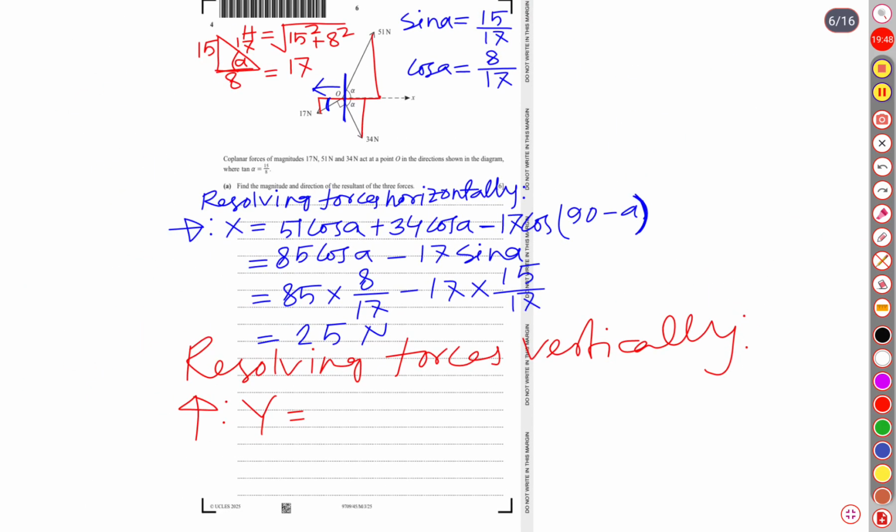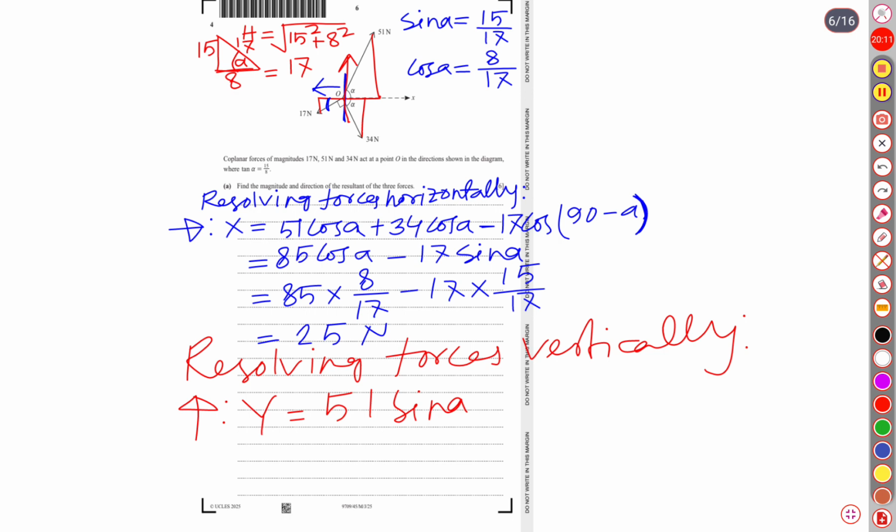Okay, y is equal to, for the first upper triangle, it is 51 sine alpha. Then there is no more force vertically upward. Look at this. Only one force is acting vertically upwards.